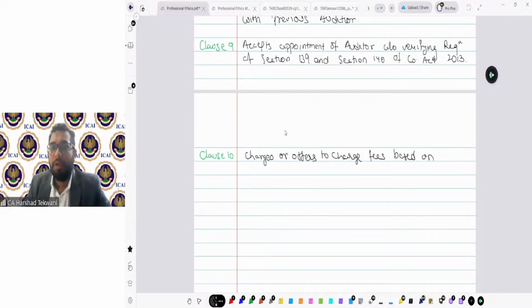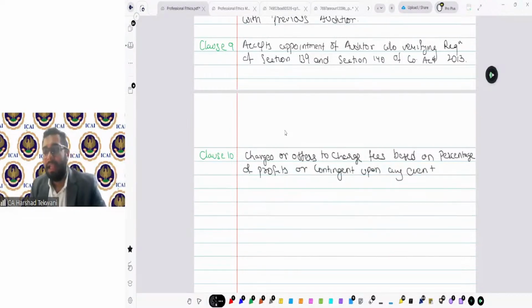Fee based on a percentage of profits or contingent upon any event. In that case, he can be held guilty of professional misconduct. Exceptions are there.